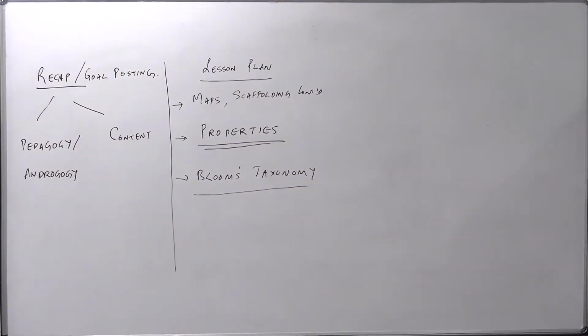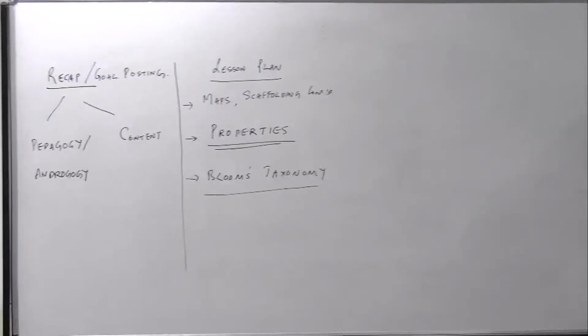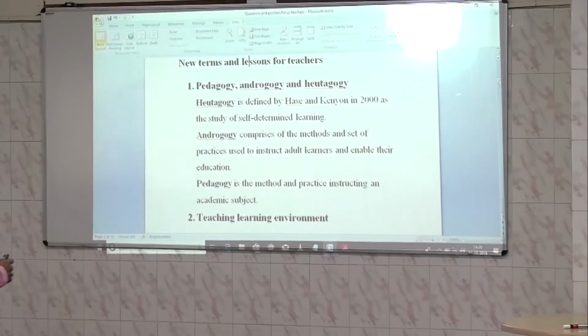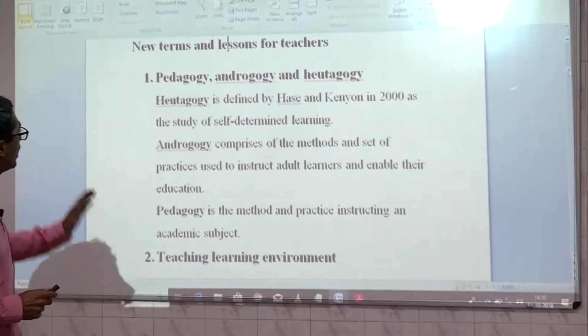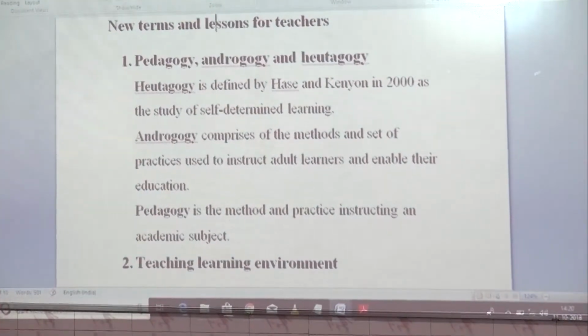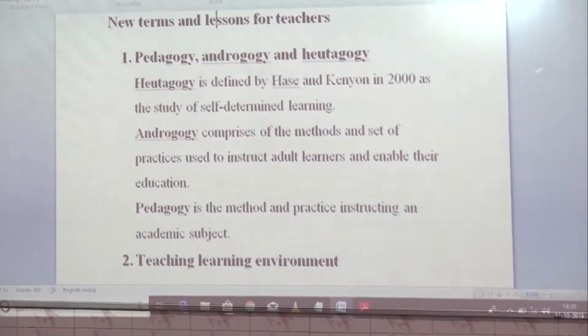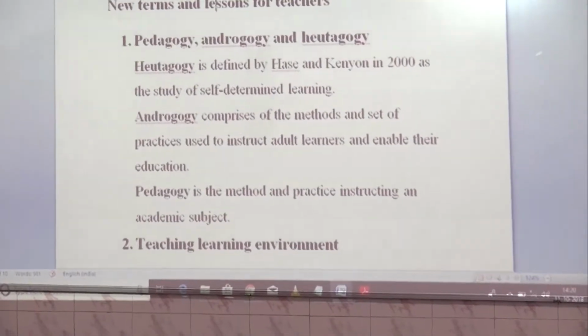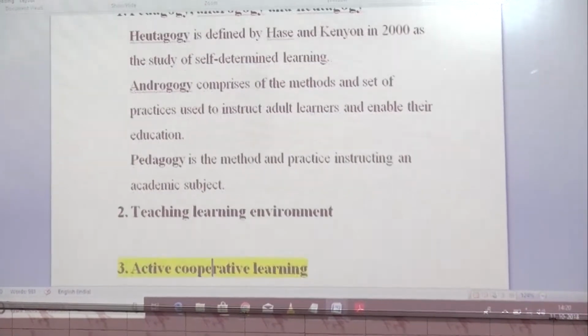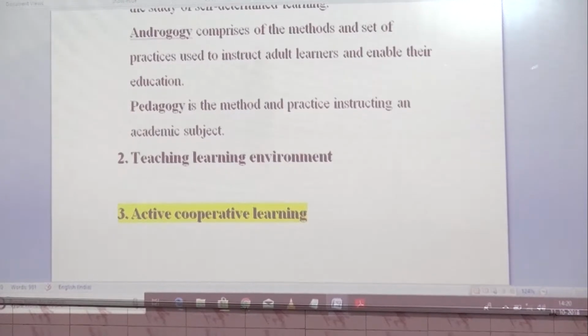So a quick recap as far as pedagogy is concerned. So we looked at some key words when it comes to education research, namely pedagogy, andragogy, and pedagogy. So I will not repeat it. It is available on the screen. And we have also spoken about teaching learning environment.